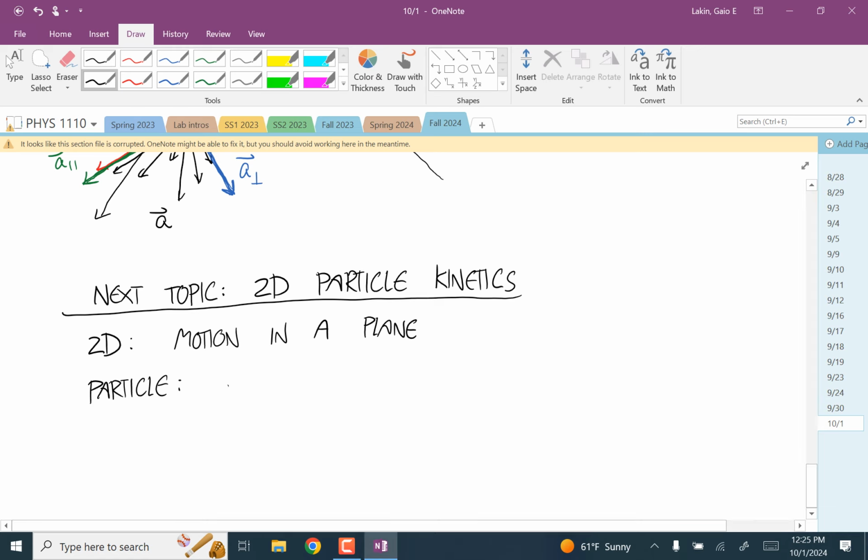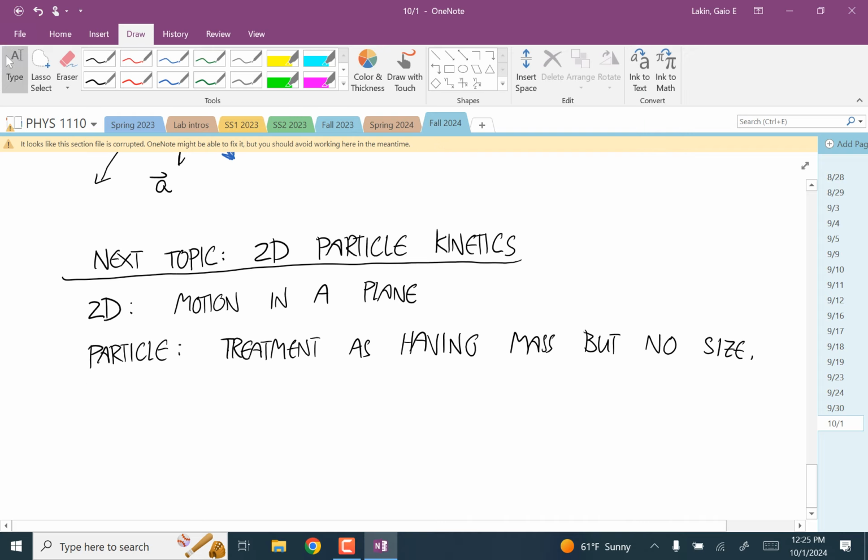One thing to remember is it's a mathematical treatment of objects, so it's not that actual objects have these characteristics, but it's a treatment of an object as having mass, but no size, no length dimensions. And then the new word here is kinetics.